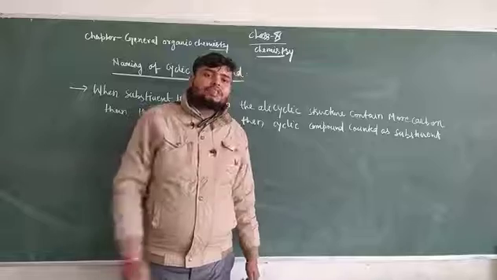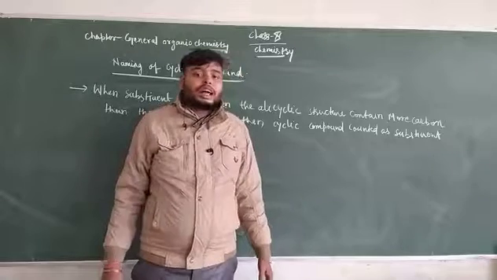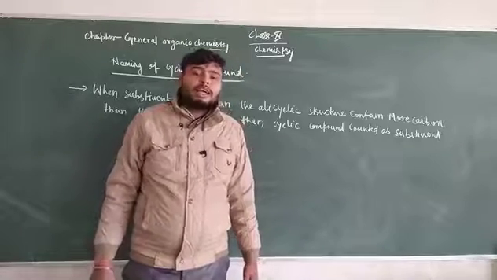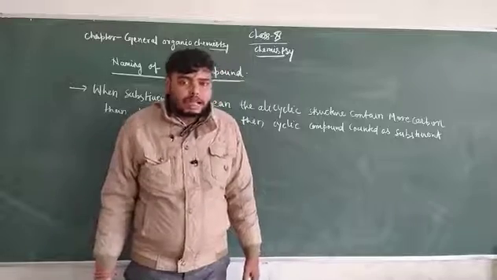That means the branching of the chain contains more carbons than the cyclic ring. Then you have to select the chain as the parent chain.